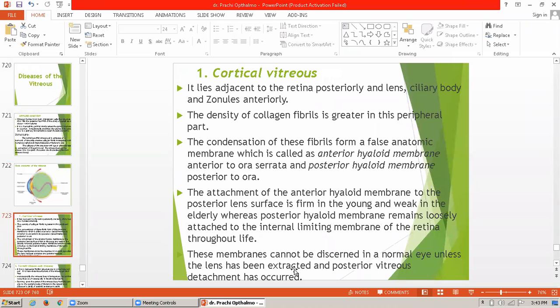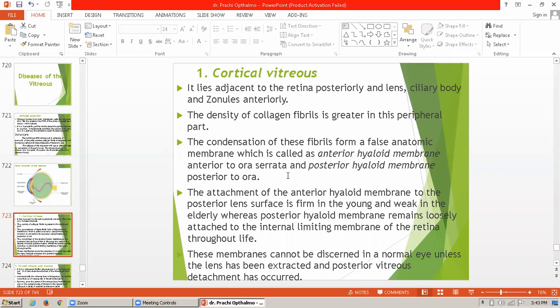The cortical vitreous lies adjacent to the retina posteriorly and to the lens, ciliary body and zonules anteriorly. So remember that diagram: posteriorly there is the retina, and anteriorly there is the lens and ciliary body with the zonules.